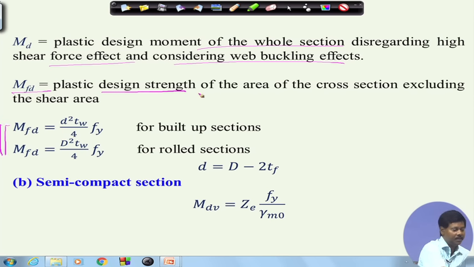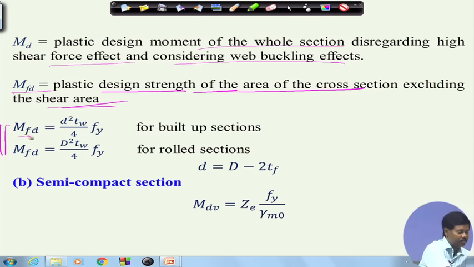Mfd is the plastic design strength of the area of the cross section excluding the shear area, right. So, in case of a section, we have to find out the Mfd value, which is called plastic design strength of the area of the cross section excluding shear area.